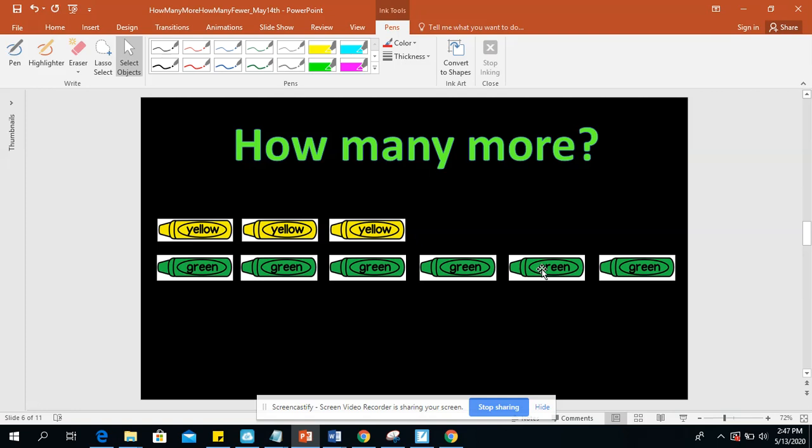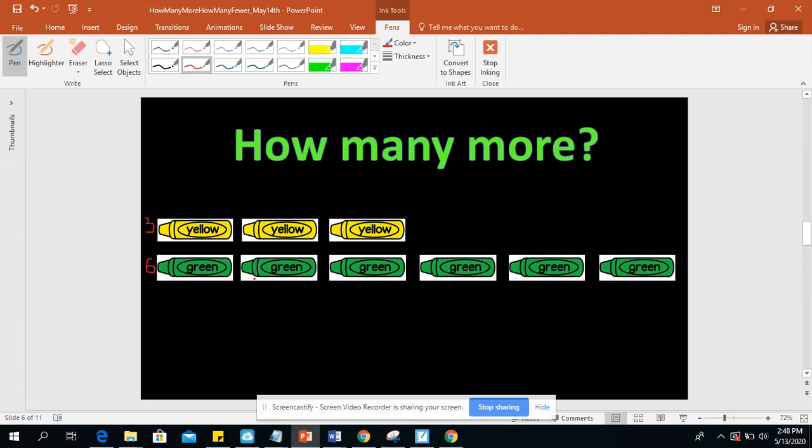Let's do another example. Are there more yellow crayons or green crayons? Well, we see that there are 3 yellow crayons and 6 green crayons. 6 is more than 3.